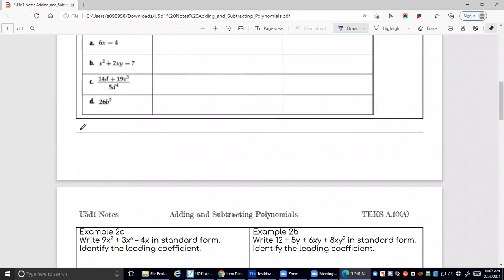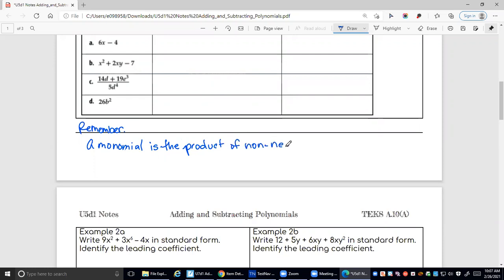So I'm just gonna say, remember, that a monomial is the product of non-negative exponents, or non-negative, yeah, is the product of, I feel like that's missing something.